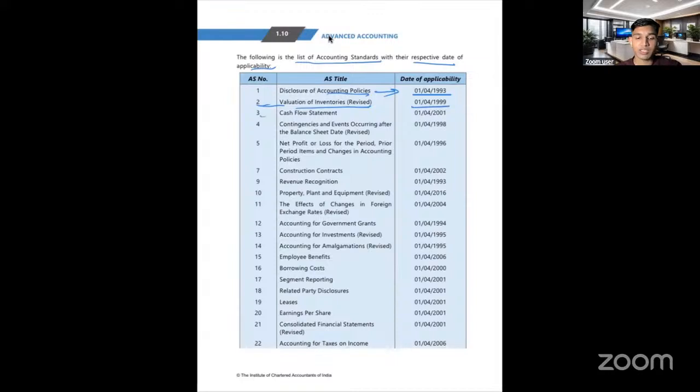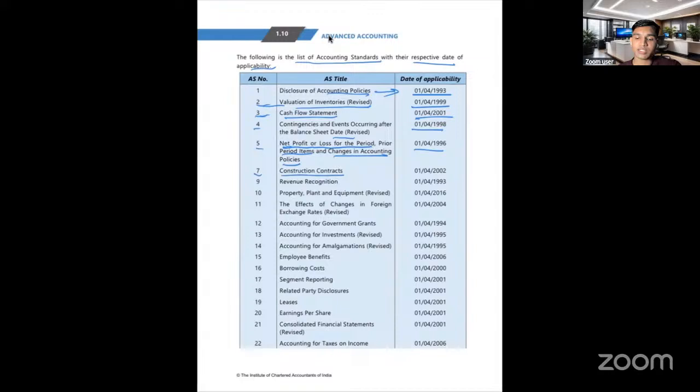The third one is AS3, cash flow statement, on 1st April 2001. Then AS4, contingencies and events occurring after the balance sheet date (revised), comes into play on 1st April 1998. Then AS5, net profit or loss for the period, prior period items and changes in accounting policies, comes into effect on 1st April 1996.